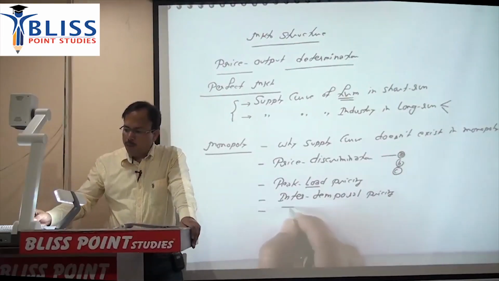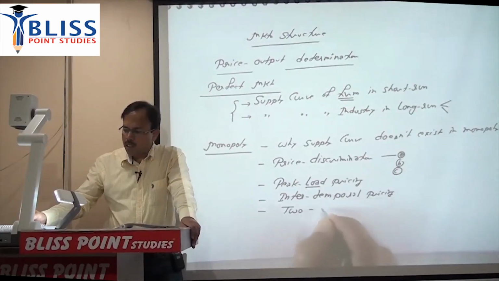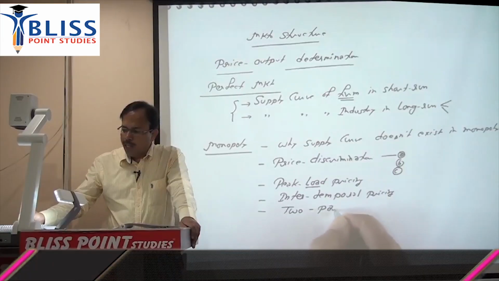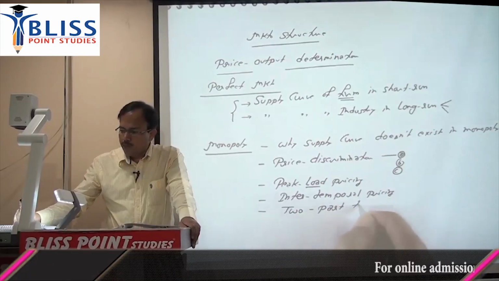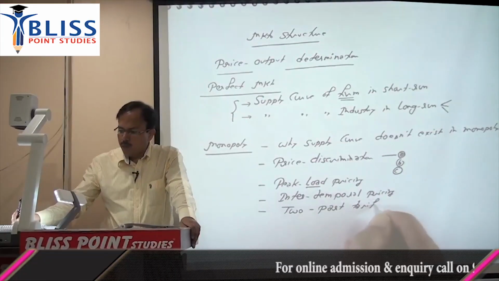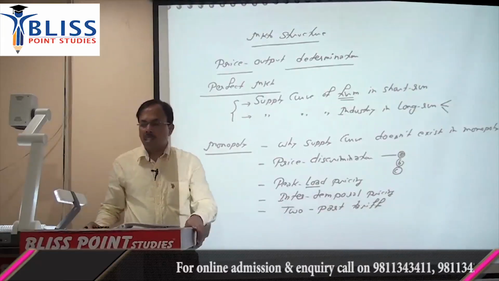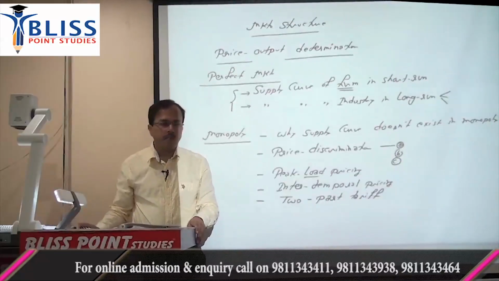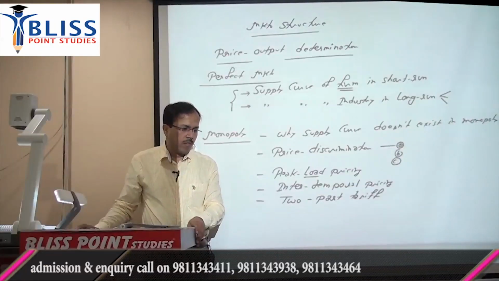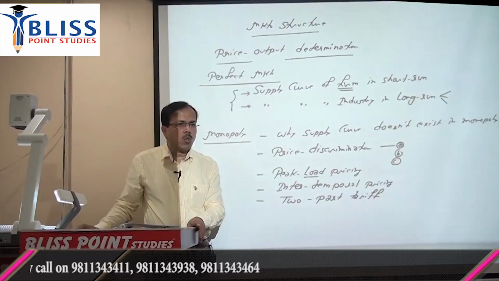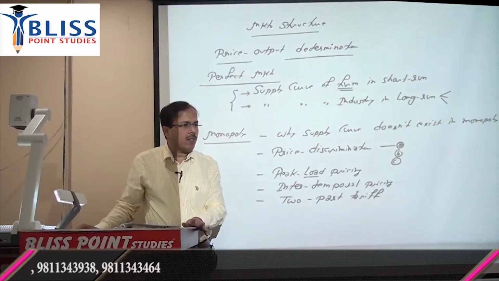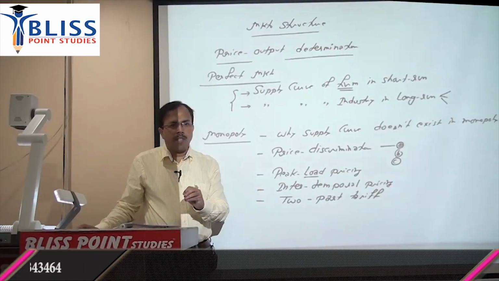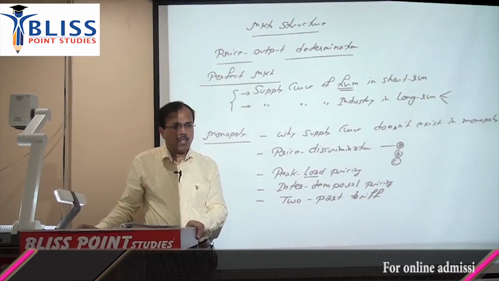Then another form of pricing practice followed is two-part tariff. Say for example, postpaid connection है, so you have a fixed monthly rental, and after paying that fixed monthly rental, for every call there will be an additional charge.